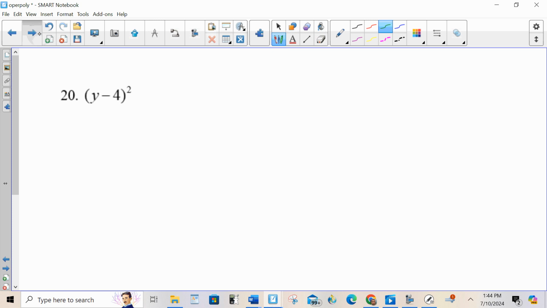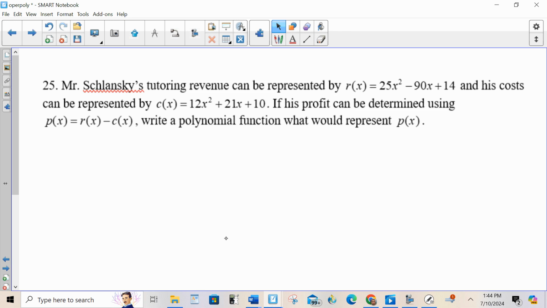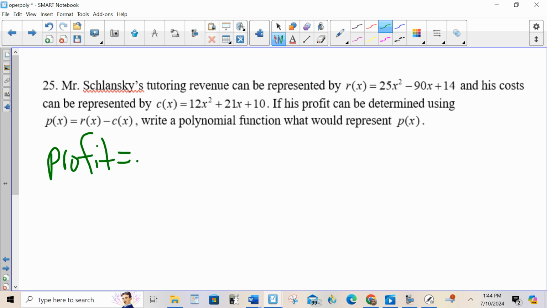And there's one more application of operations with polynomials, which comes up in the Regents system, coming up more and more recently, actually, is profit. I'm not going to get into a whole lesson on profit, but profit equals revenue minus cost.